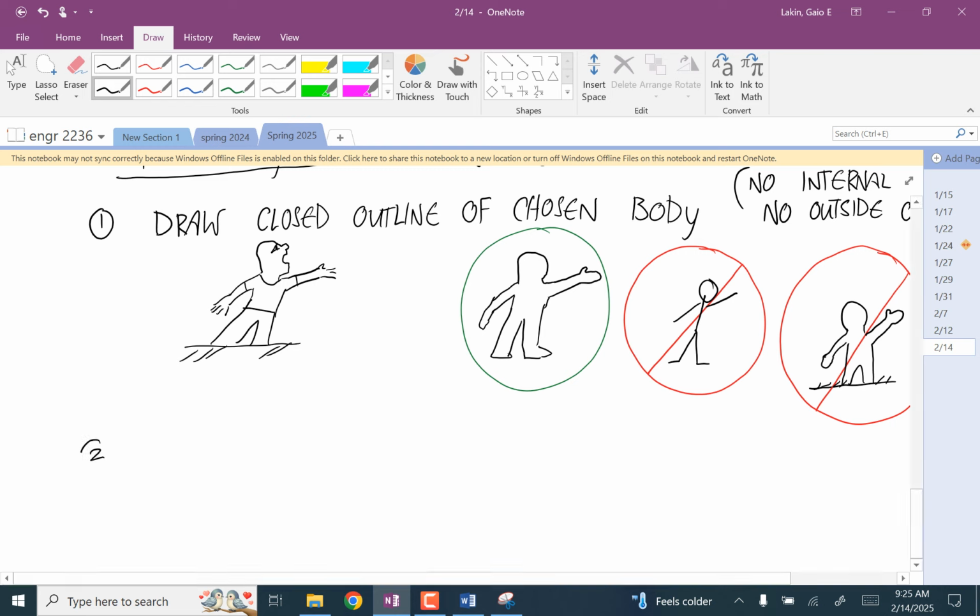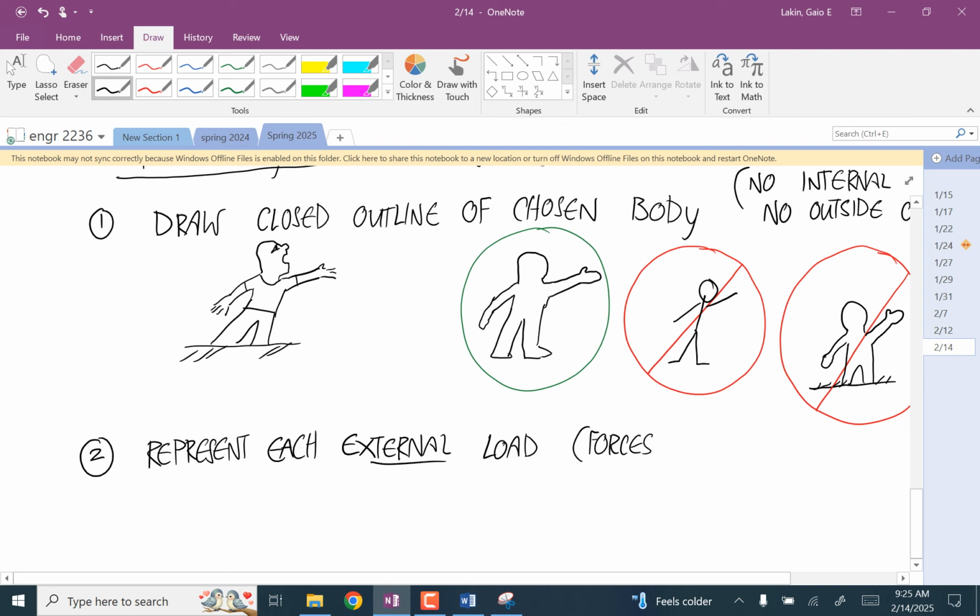Second, represent each external load. And by loads, I mean forces and couples. We'll talk about couples in a while.